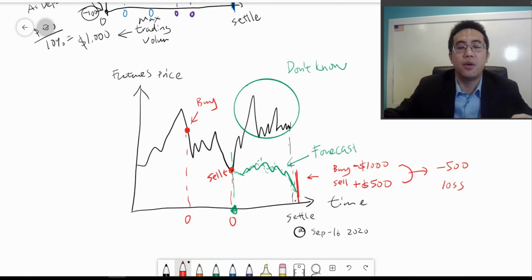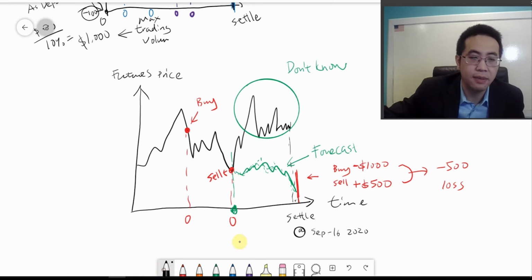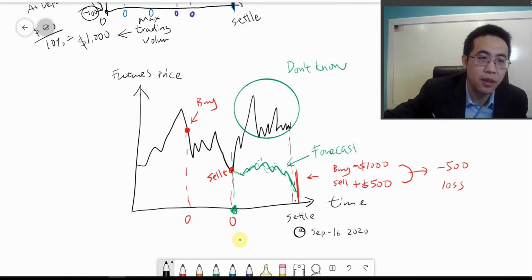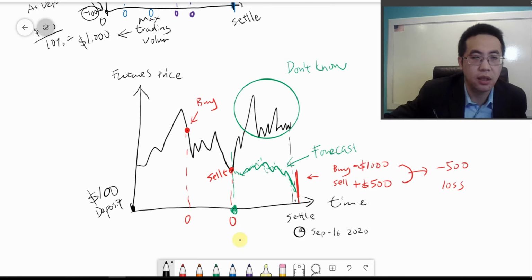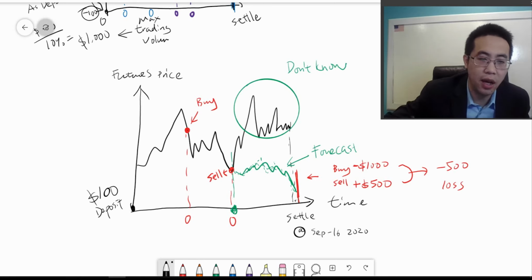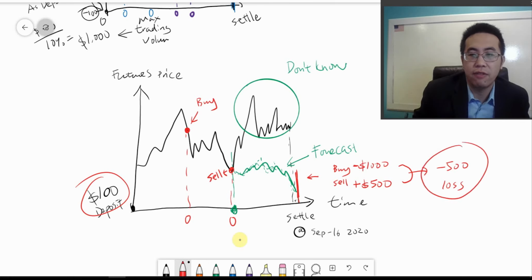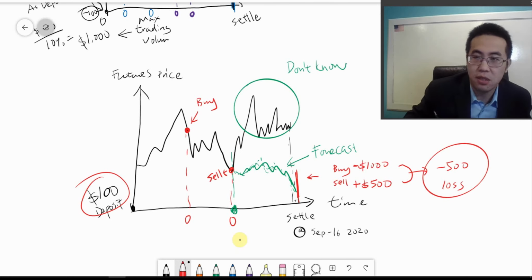$500 loss. And remember, to play the game, you need to first start with a $100 deposit at time 0 right here. Okay, and from a $100 deposit, that's your investment, you actually have a $500 loss. So that means not only was your $100 marked off from your book account.